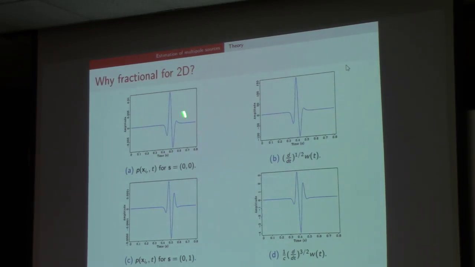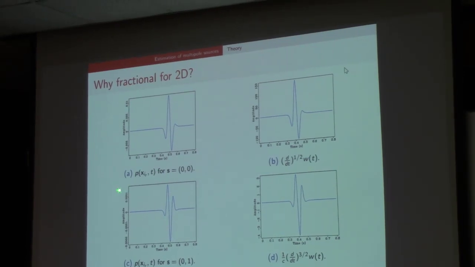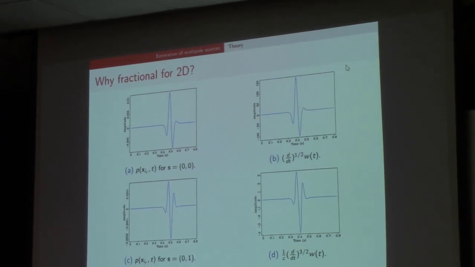On the left column, I'm showing you a plot of the pressure field for the monopole case. So here is the pressure field if you have some Ricker wavelet. This is what you would observe. Here's the pressure field for the dipole case. Okay, extra wiggles. Here's the W, the Ricker wavelet, and I took a fractional half derivative.